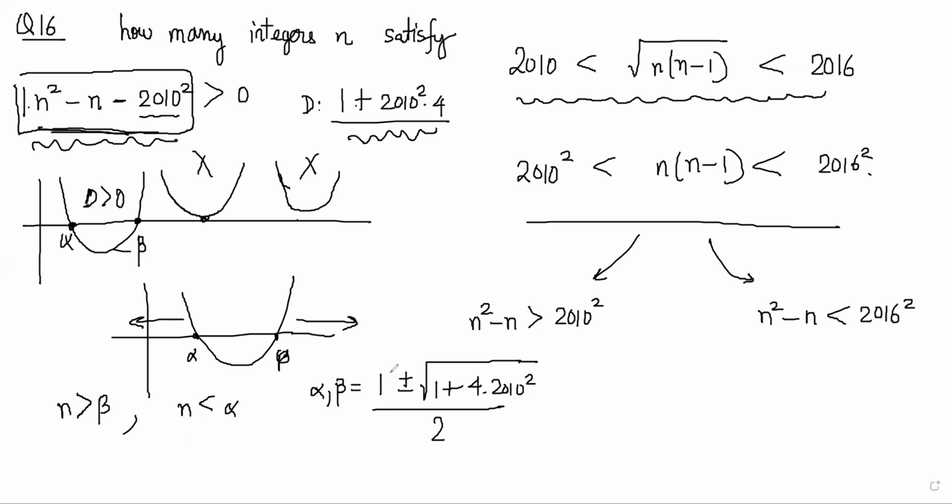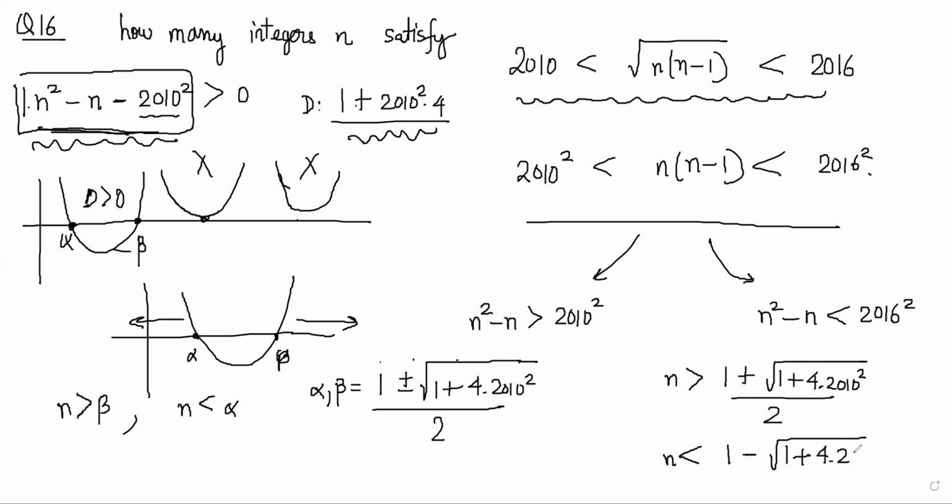The larger root is which one? 1 plus this, right? So we get one condition, n is greater than 1 plus root over 1 plus 4 into 2010 square by 2. And n also could be lesser than 1 minus root over 1 plus 4 into 2010 square by 2, right?